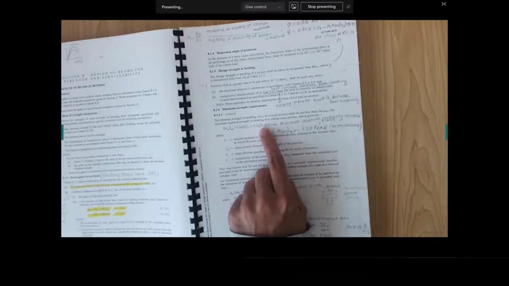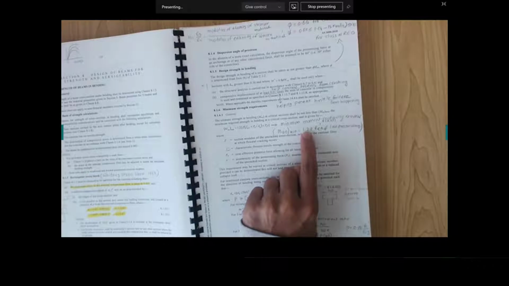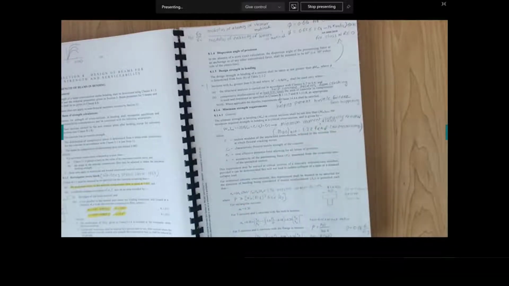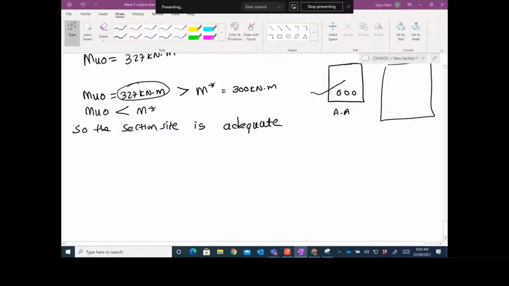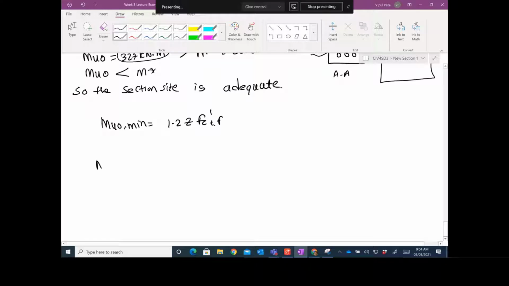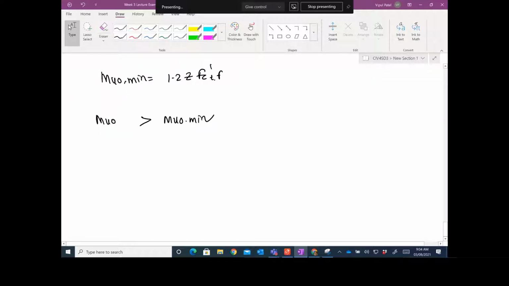If you substitute PE equal to 0, you end up with 1.2 Z fct.f. You can do that check, and I will show you those checks later, but this MUO minimum would be 1.2 Z fct.f, and the MU that you calculated should be greater than MUO minimum. All right, so that is the first check.